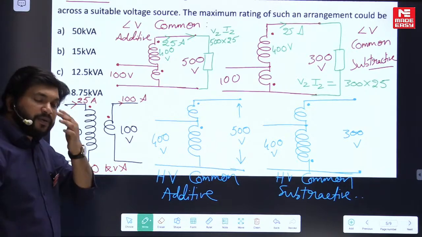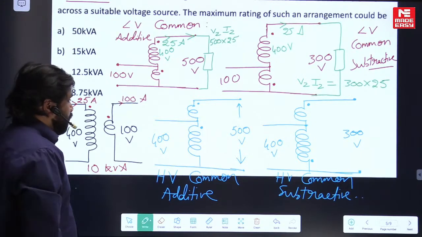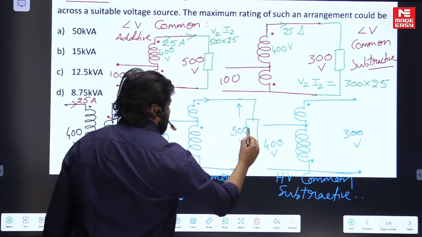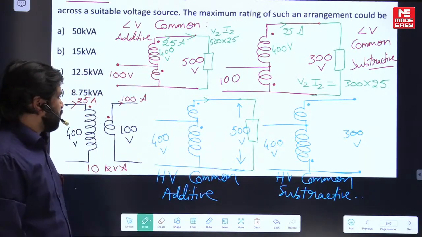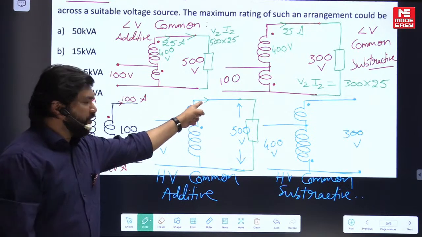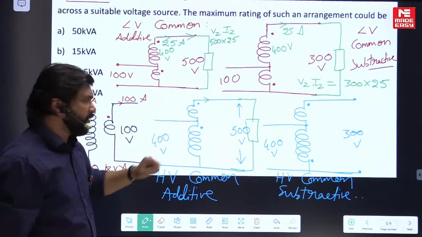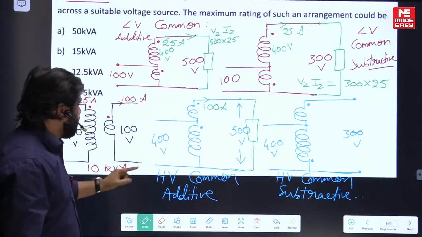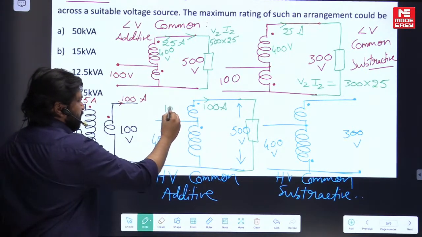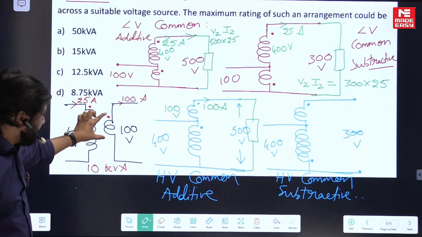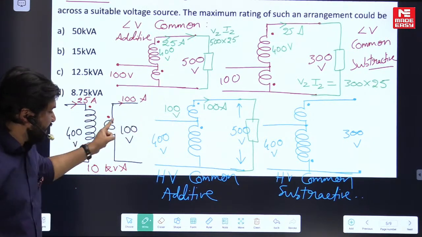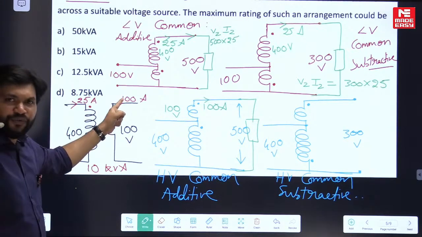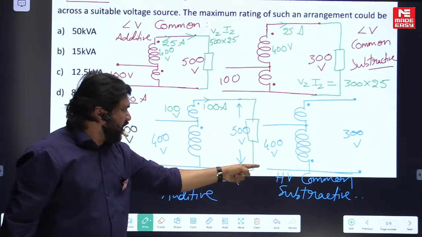Next. Another auto transformer connection is this. You know the current rating of this winding now. You can connect a load. This load can enjoy 500 volt across it, no doubt. And the current you can make possible here is 100 ampere. Why? Because this is a 100 volt winding, and a 100 volt winding can carry 100 ampere. Its capacity is 100 ampere, which means you can connect a load and load it.